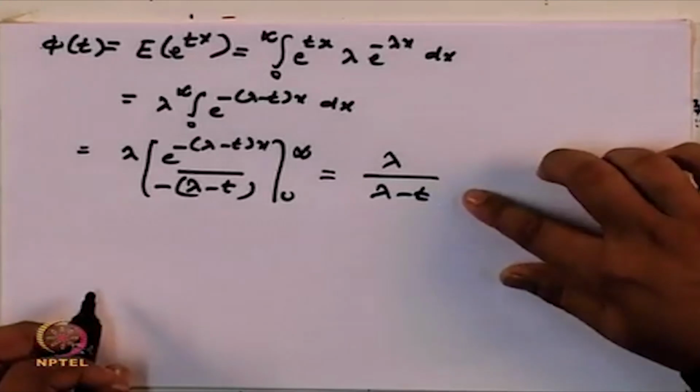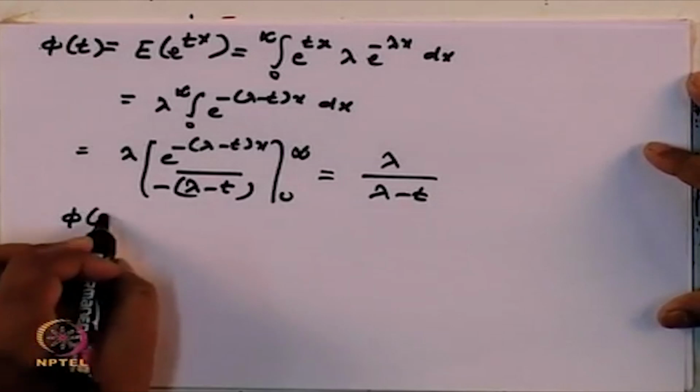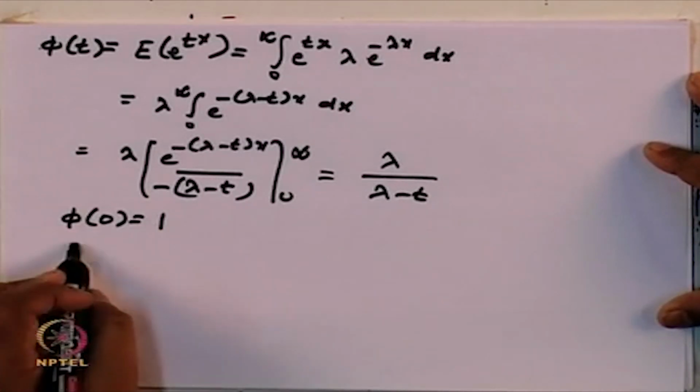So phi of t is this, which would mean that phi of 0 is equal to 1.